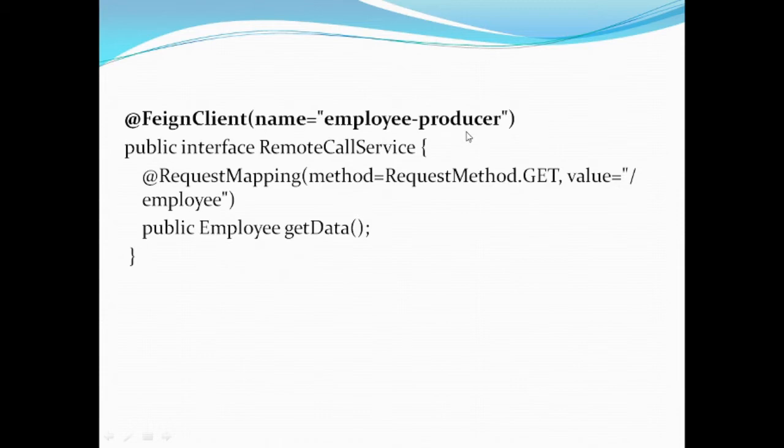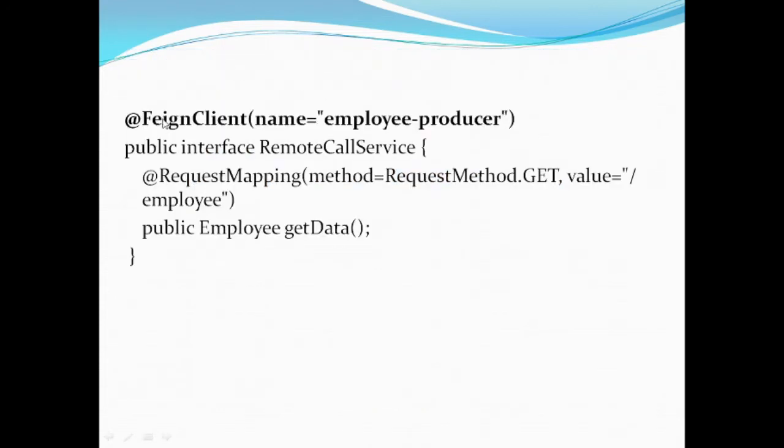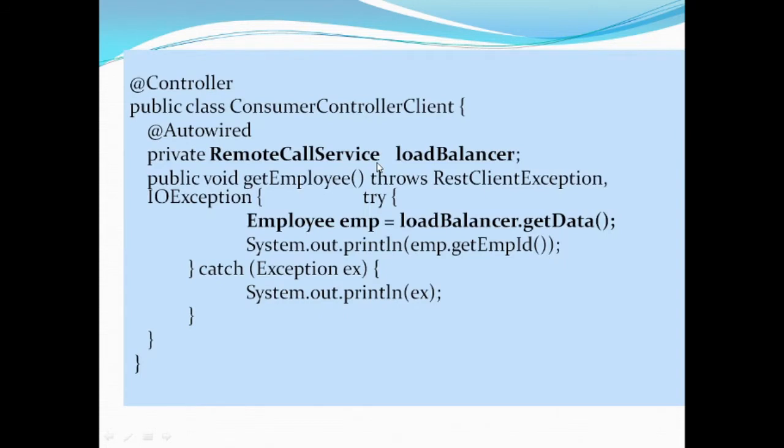This is a new annotation you have to use. The Feign client you have created for that particular service will play the role of proxy server here. You need to make use of that service reference to call your particular microservice.